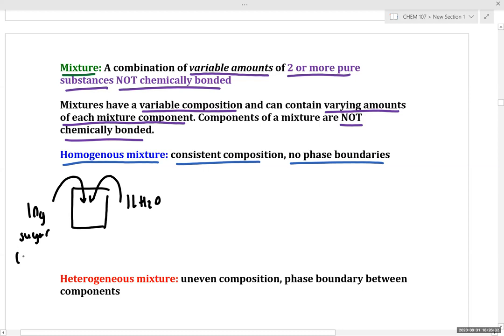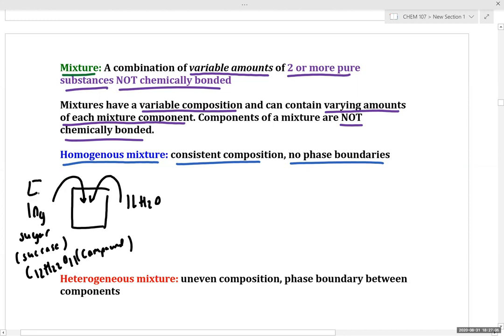Sugar, you can also describe as sucrose, and it has a discrete chemical formula. Let me give you the formula for sucrose. Sucrose has a formula of C12H22O11. So sugar or sucrose is clearly a compound, and we're going to mix it with water, okay?